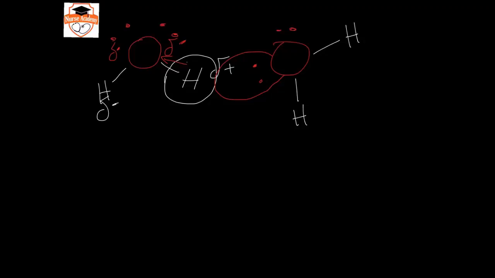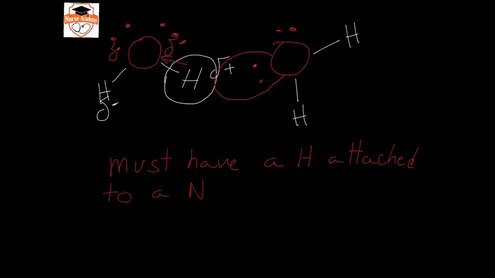In order for hydrogen bonding to occur, you must have a hydrogen attached to a nitrogen, oxygen, or fluorine. And then the atom that is participating in donating a non-bonding pair of electrons to those hydrogens must also be on a nitrogen, oxygen, or fluorine.